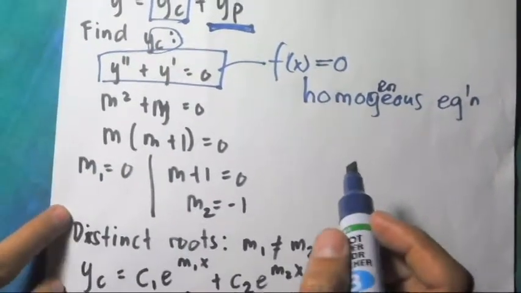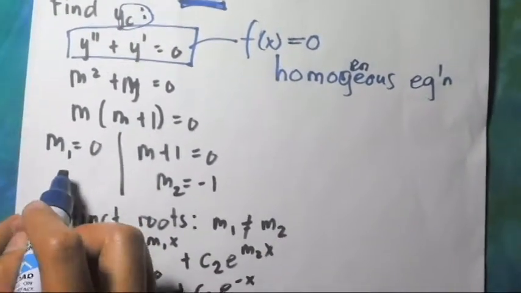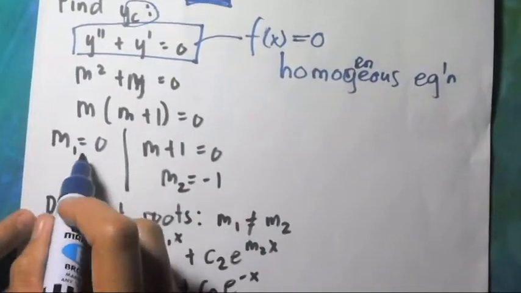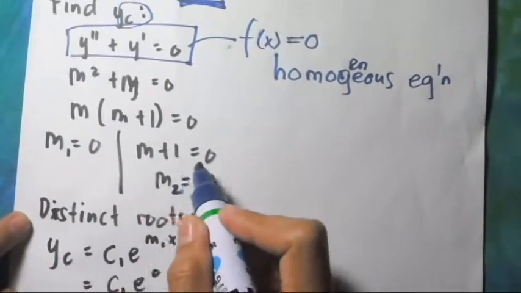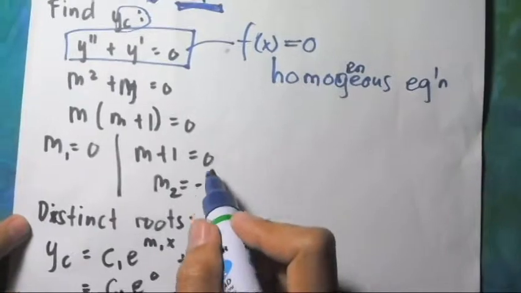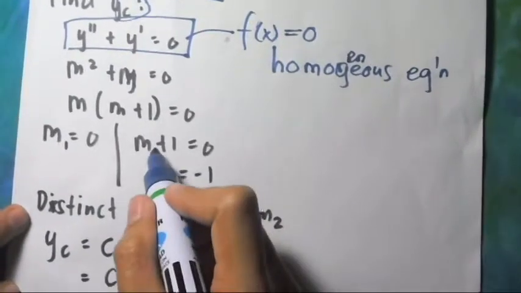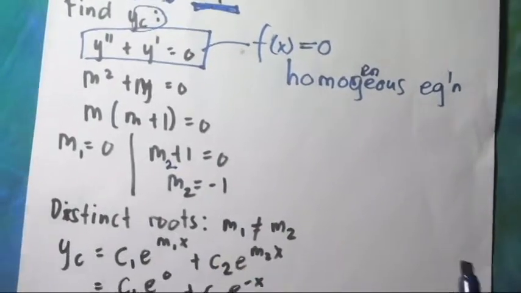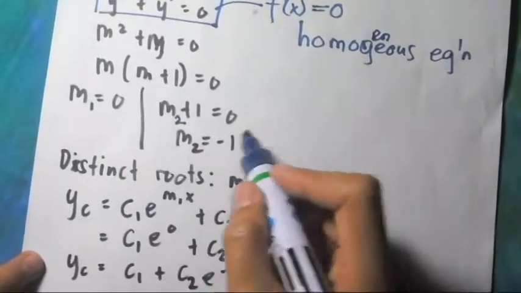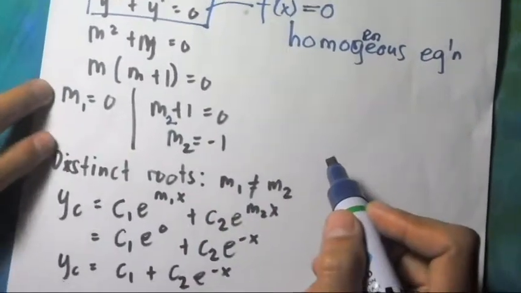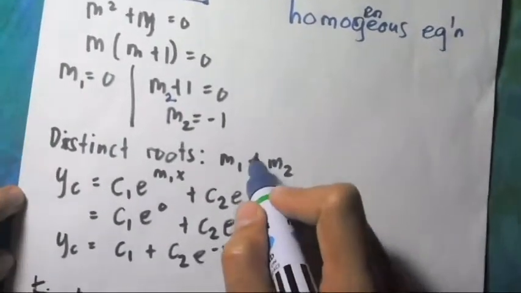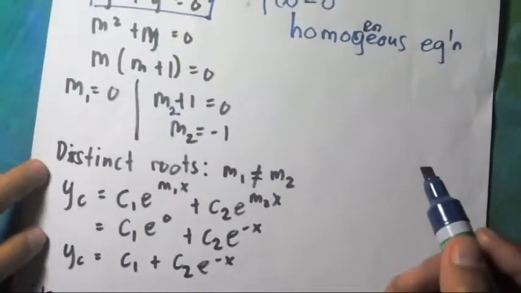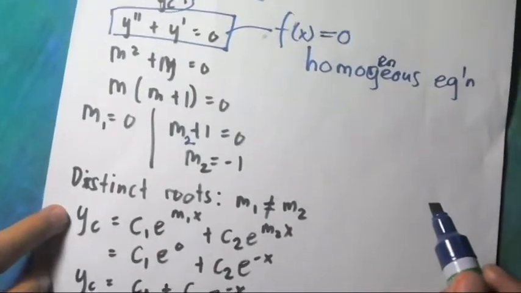Therefore, m1 equals 0, while m plus 1 equals 0, so m2 is equal to negative 1. Looking at these two roots, they are not equal, therefore they are distinct real roots.